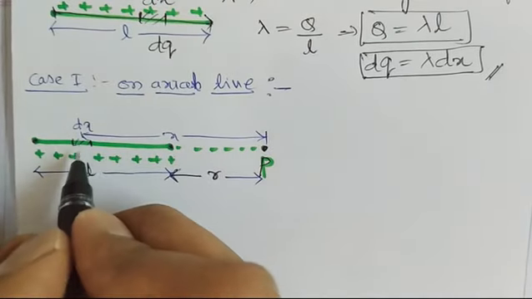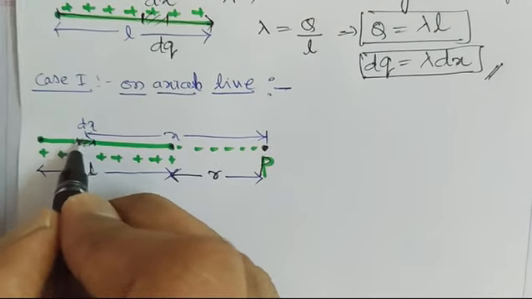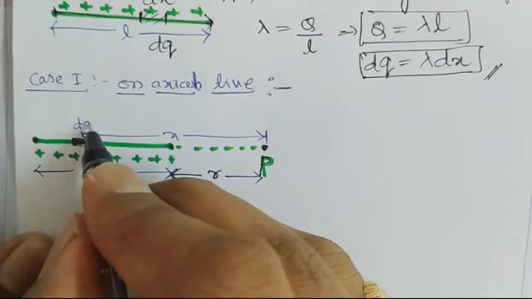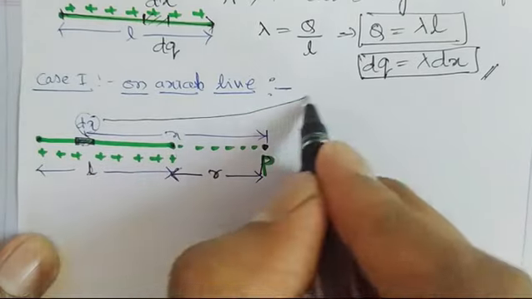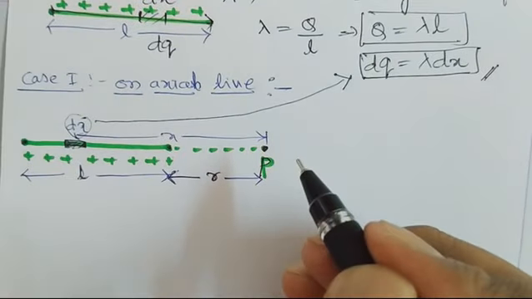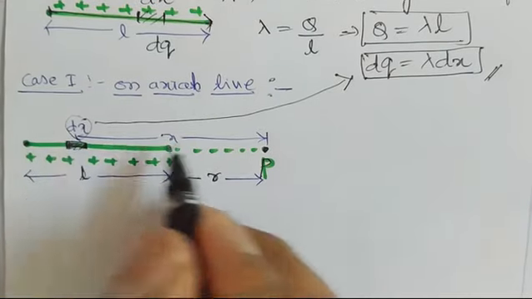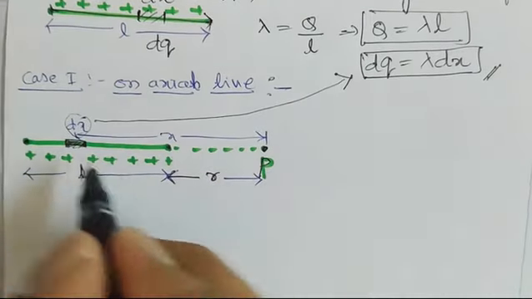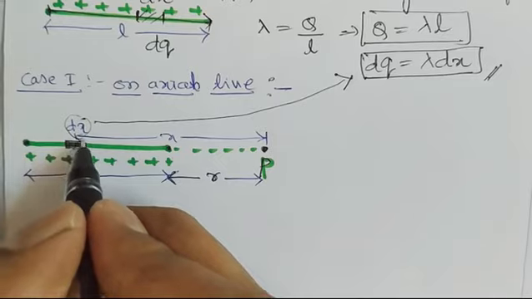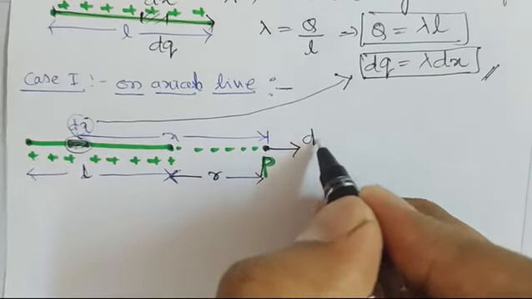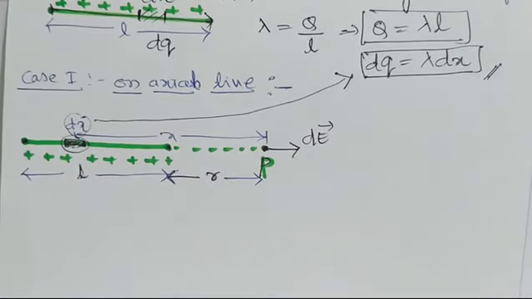So now I will consider a small length dx. We have already discussed how much charge this dx will have. That is dq is equal to lambda into dx. If you want to find out the electric field at point P due to this whole length, first I will find out the field due to this dx. So let us consider the electric field at point P due to dx as dE.